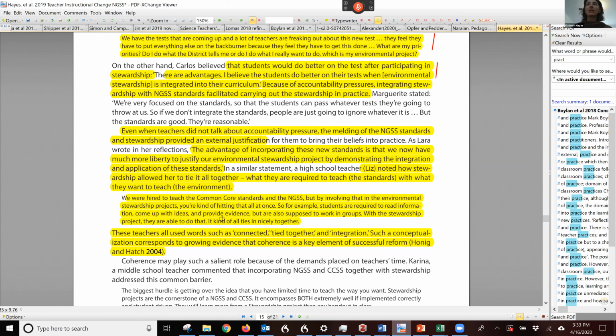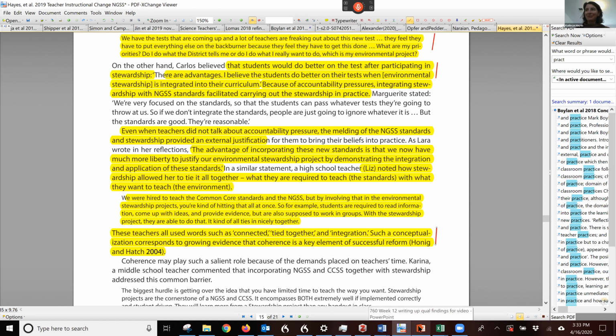And actually, I lied. This is a little piece of reasoning here. This last bit is connecting it to the literature, that there's this coherence. This is the claim, this is the evidence, and connecting them together is the idea that coherence is probably a key element of reform, and that this is in the literature.